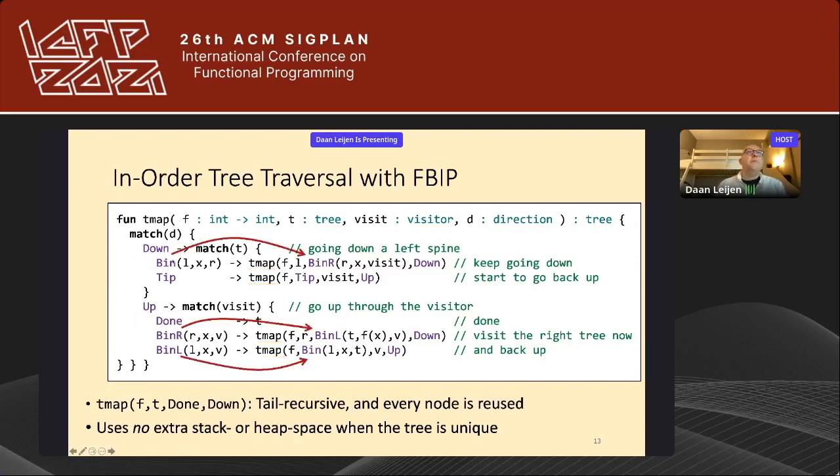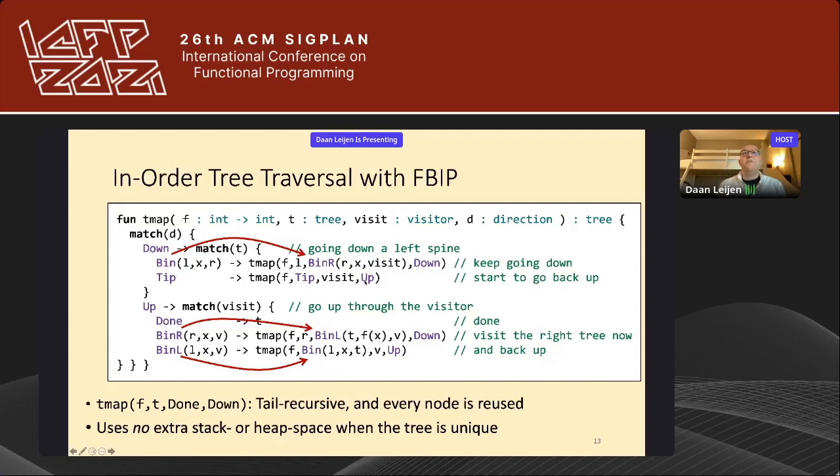And when you see a bin node, we have to remember to still visit the right node. So we create a bin R, where we say, still visit this right node, and whatever we were doing up till now, the rest of the visits. And you see that this bin R matches exactly in size with the bin node. And then we keep traversing down the left one until we hit the tip.